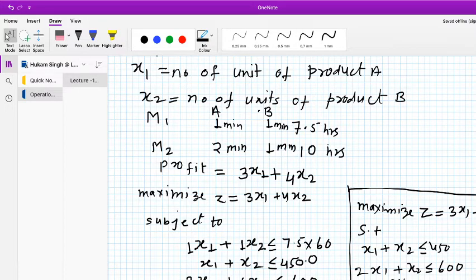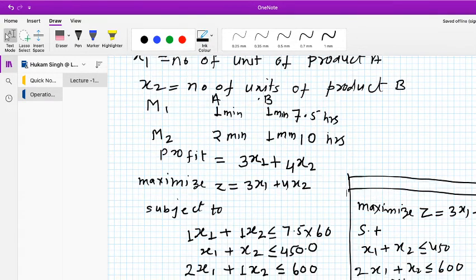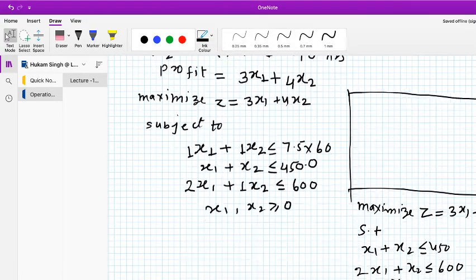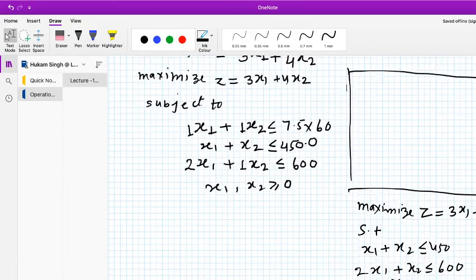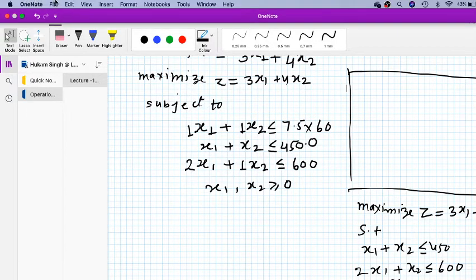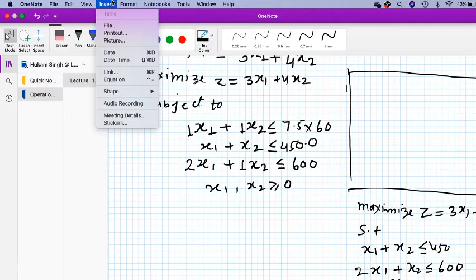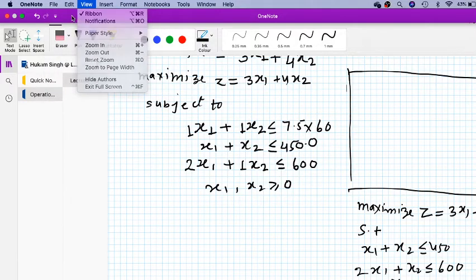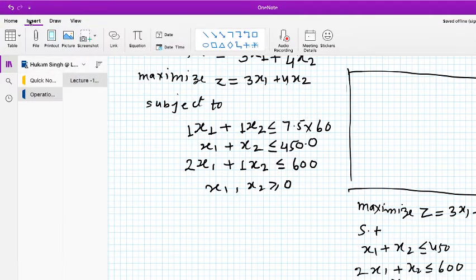For solving it by the graphical method, first of all we have to put the axes here. So go to insert and we're going to place the axes. So these are the axes, and we're going to place them here.